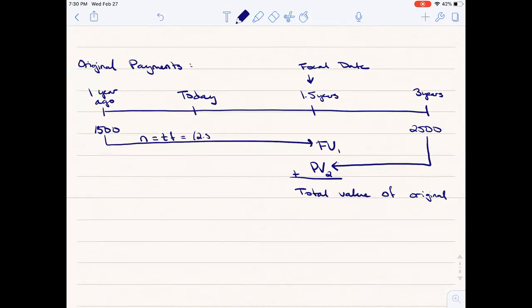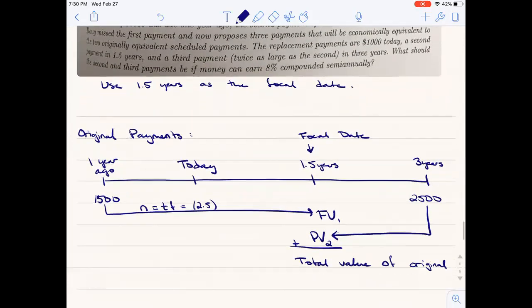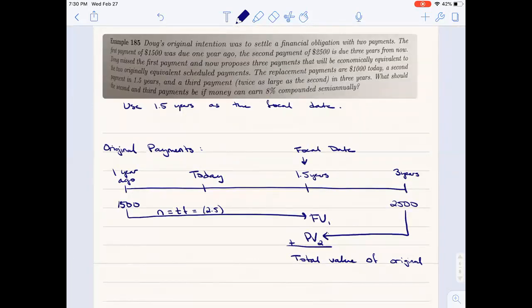Time is 2.5. And the frequency, what should the second and third payments be if money can earn 8% compounded semi-annually? So the frequency is 2. So I've got 5 compoundings in there.